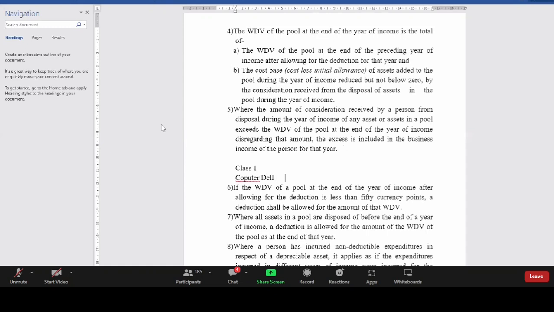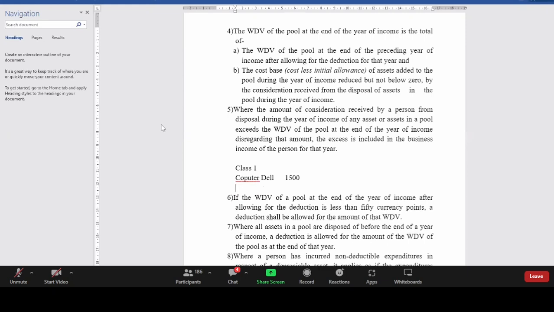Its value is around 1.5. Guys, amounts are in thousands. Then you have maybe another computer, and maybe this is HP. Its value is maybe around 1.4.